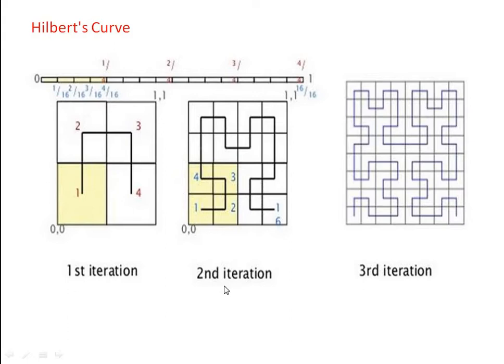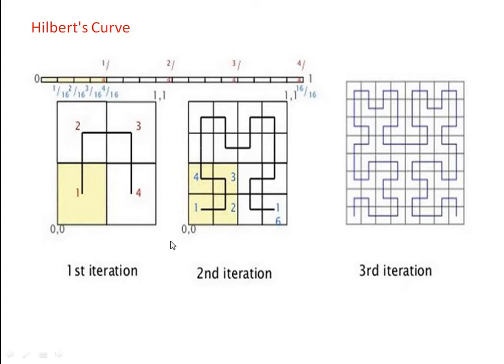Then for the second iteration, this first quadrant is divided again into four subdivided quadrants, that is the first, second, third and fourth, and in each of the four quadrants we divide into sub four quadrants.